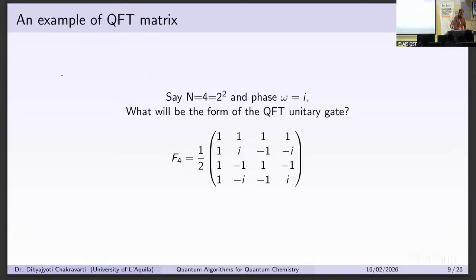And by using the same formula, say I'm defining omega, the phase, as i. Then the first column is 1, 1, 1, 1. Next one is omega squared, which is i squared, which is -1, and so on and so forth. So it's a very simple structure.